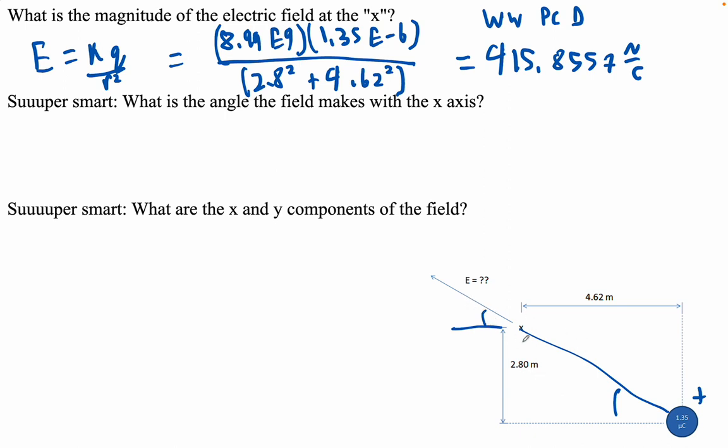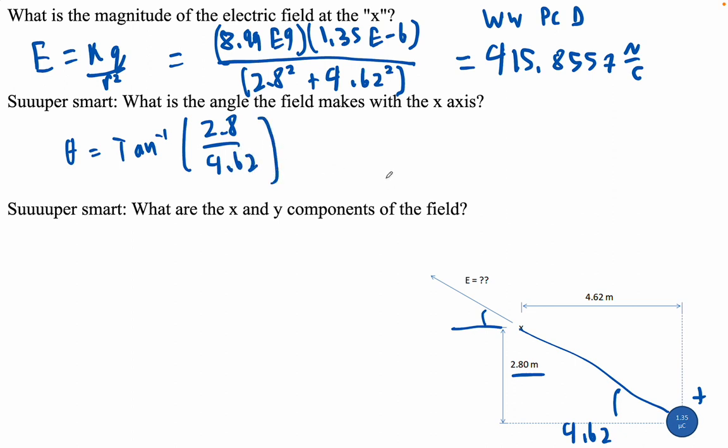So I'm just going to find this angle here, and that angle is going to be the inverse tangent of the opposite side, which is 2.80, over the adjacent side, which is 4.62. So 2.8 divided by 4.62, assuming that we are in degrees, right? Not that I ever made that mistake in my life. This is 31.218.